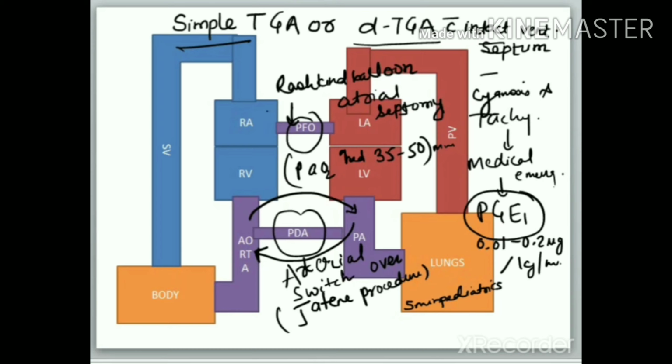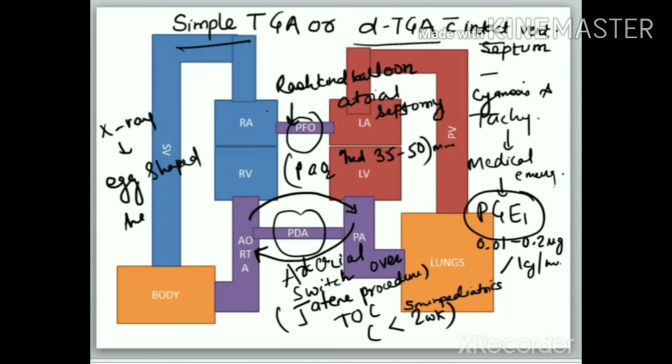This is the treatment of choice. And the classical X-ray we have in simple TGA or DTGA: you will get an egg-on-a-string heart in simple TGA or DTGA.